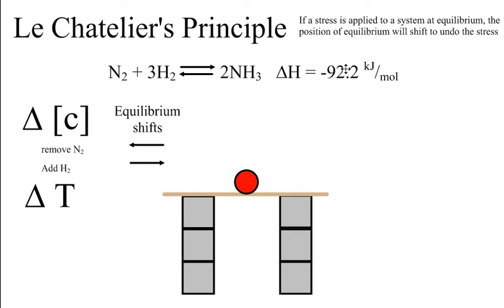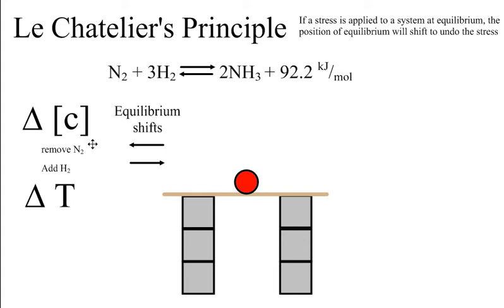This means that heat, this enthalpy, is a product of this reaction. So I'm going to rewrite this, get rid of the delta H, and simply say plus 92.2 kilojoules. When you rewrite it like this, it's actually very easy to imagine, okay, so I have these reactants coming together to form this product and temperature.